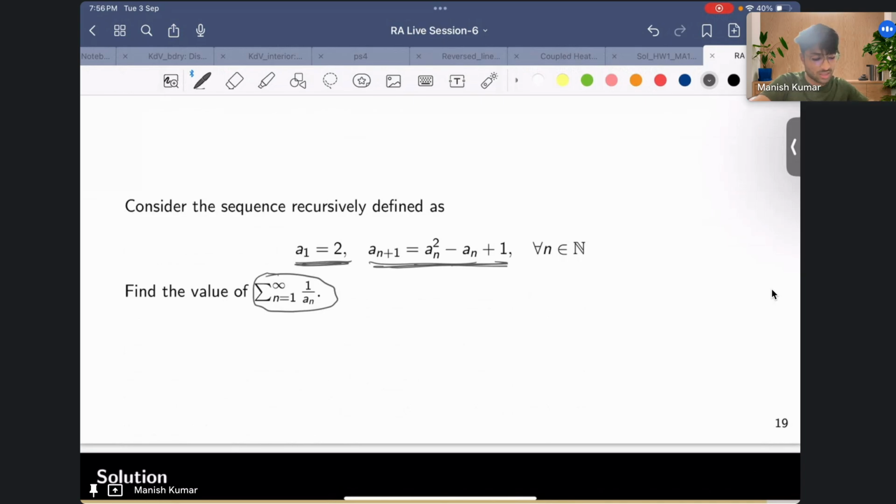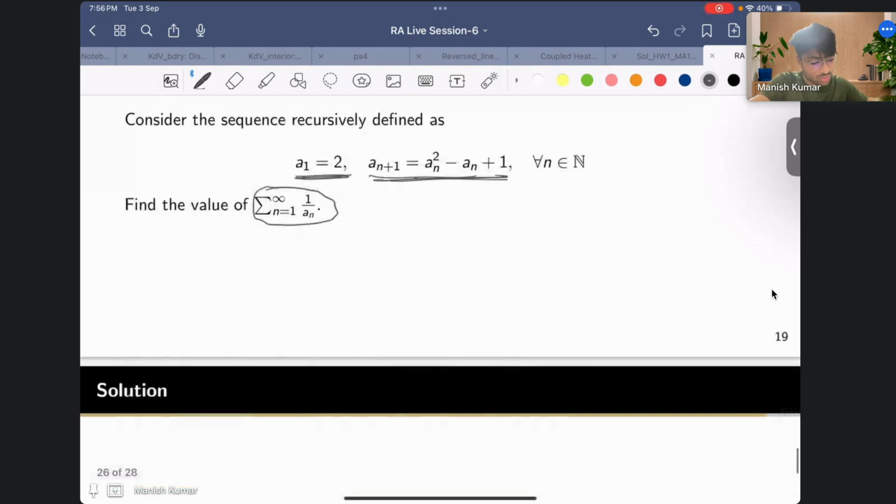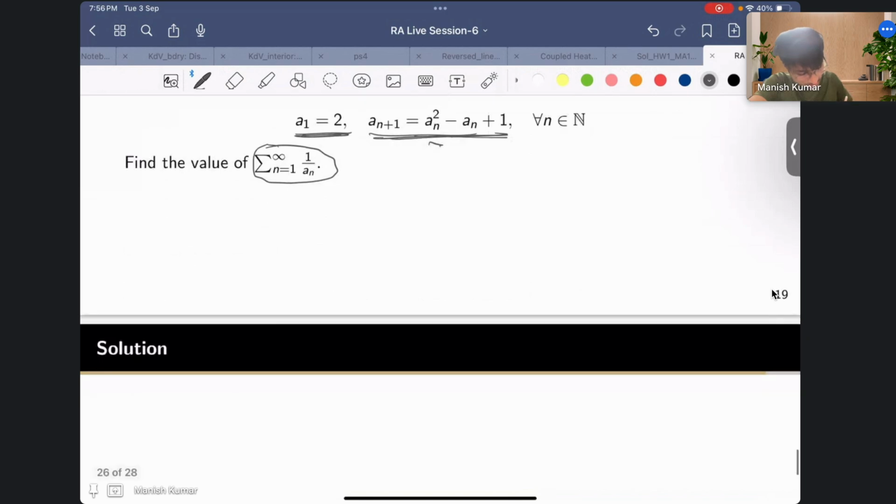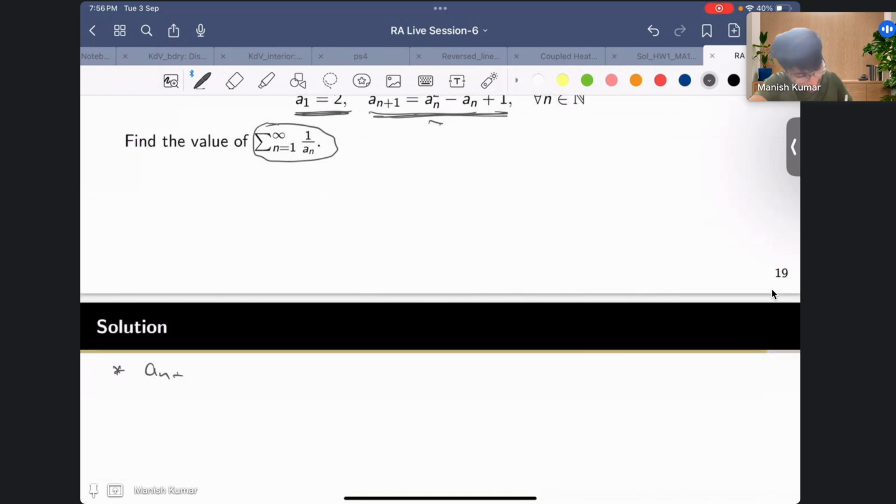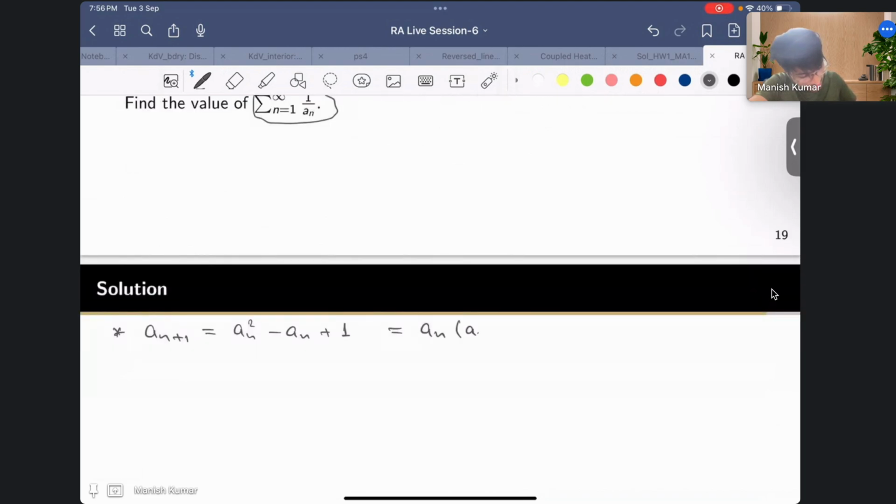So over here our goal should be to write 1 by a_n as something in terms of a_{n+1}, right? So let's try to see what we have using this relation. You have a_{n+1} is a_n square minus a_n plus 1. So clearly this can be written as a_{n+1} minus 1 equals a_n times a_n minus 1.